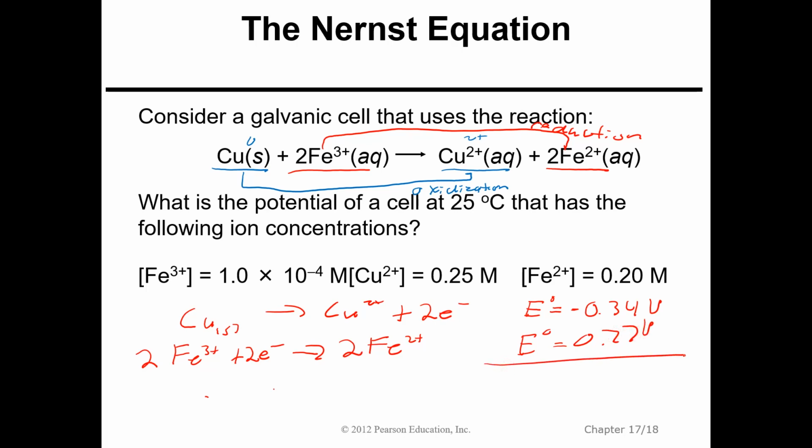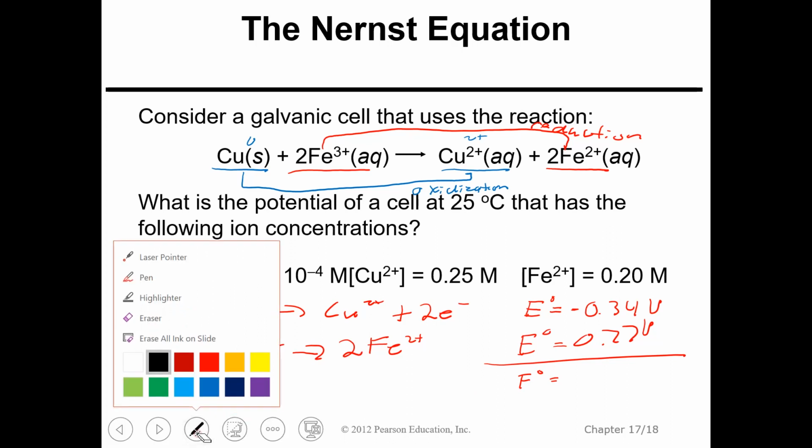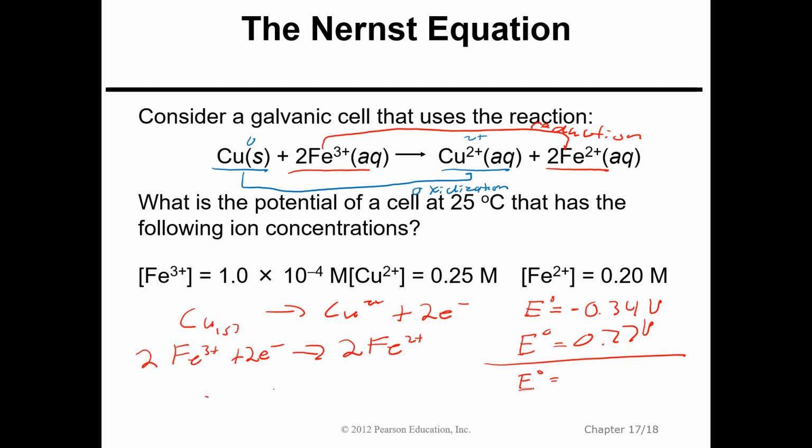If we add these together, negative 0.34 plus 0.77 gives us a cell potential of 0.43 volts. I'm going to go on to another slide here so that I can have some space to work this out.